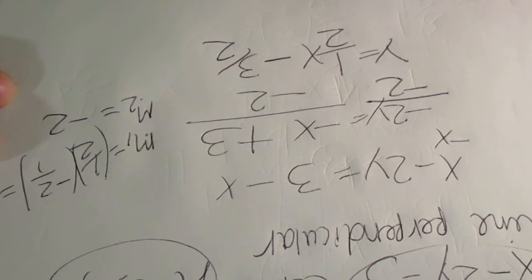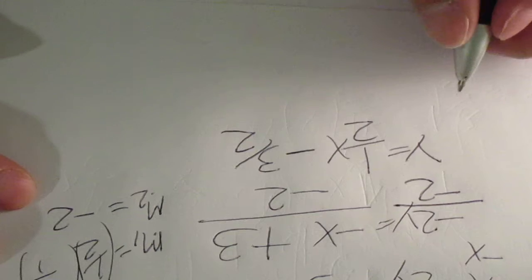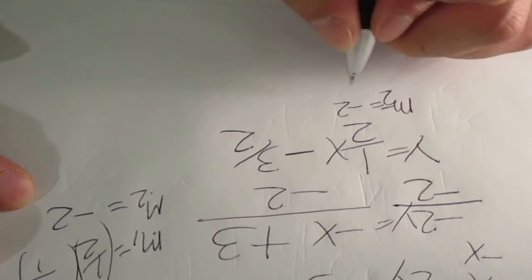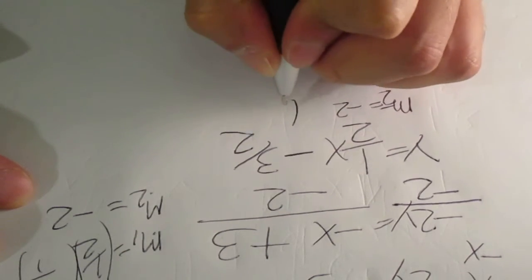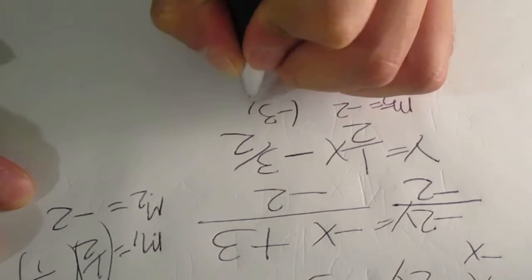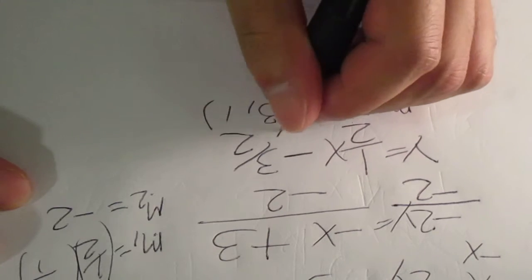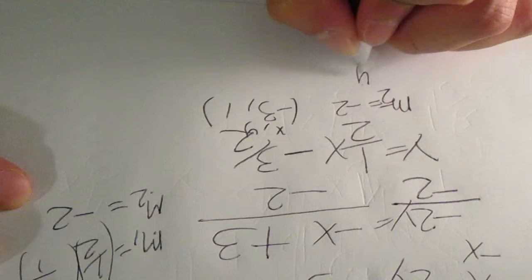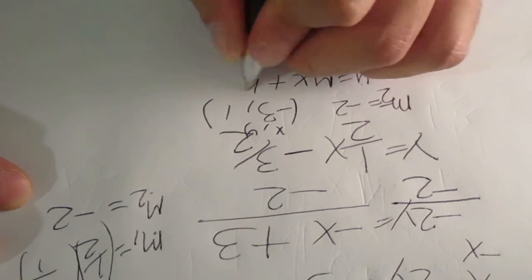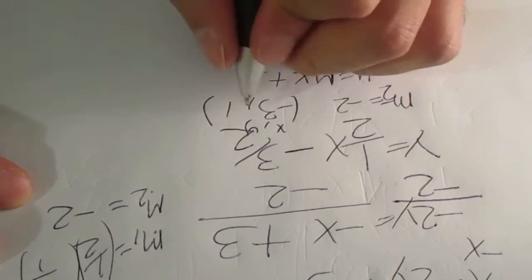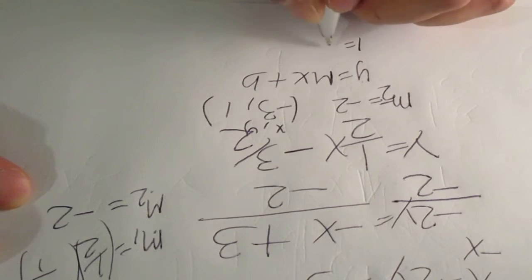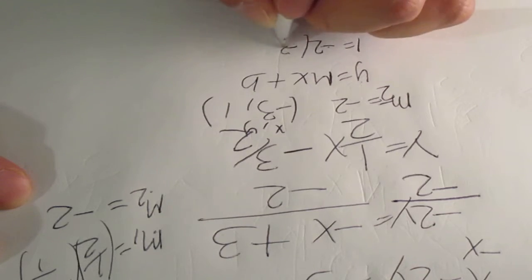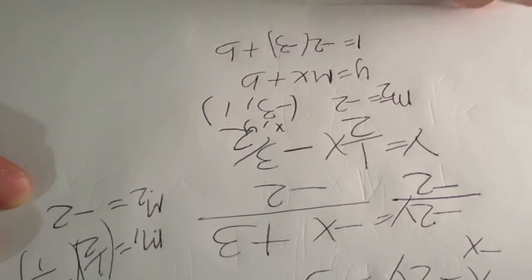So we know our new m2 equals -2, and we're given the point -3 and 1, right? So here's x and y. Remember the linear equation, y equals mx plus b. So y is 1, and our slope is -2, and our x is -3, plus b.